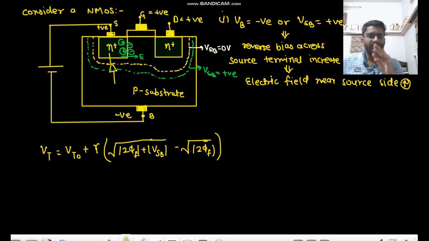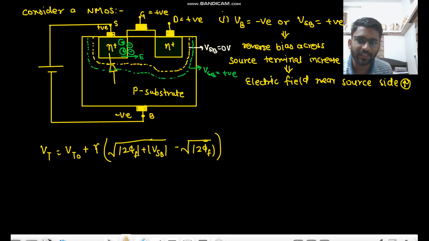If VB is negative and VS is positive, the reverse bias near the source terminal increases, and because of the high reverse bias, the depletion region increases. If the depletion region increases, the positive and negative ions increase, and there will be a high electric field.